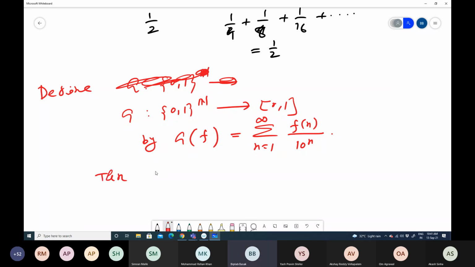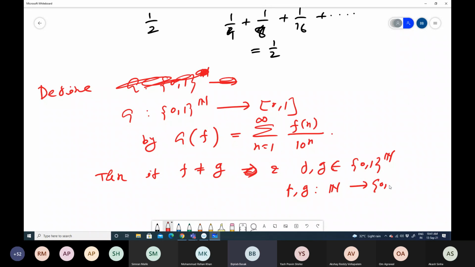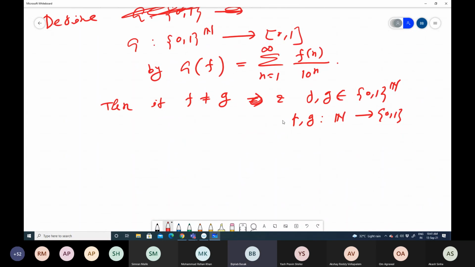So then you can find that if f is not equal to g, and f and g both belong to 0 1 power N, that is, f and g are functions from the natural numbers to 0 1, so they are not the same, that implies there exists n such that f of n is not equal to g of n.